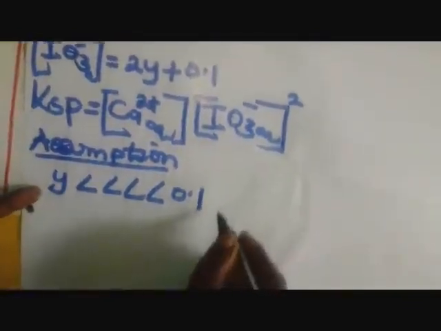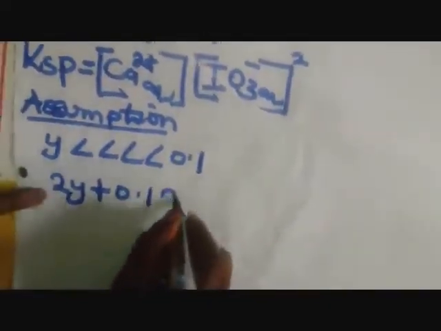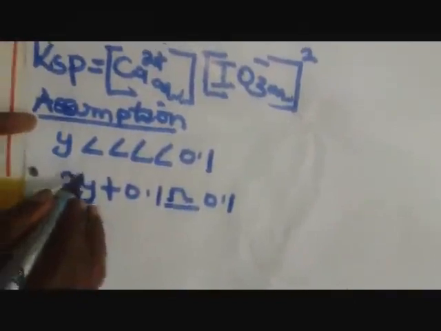This implies that the 2Y plus the 0.1 becomes approximately equal to 0.1. So we are trying to eliminate this one, because the ions coming from the sparingly soluble salt are so few that they are lower than the ions coming from the soluble salt.